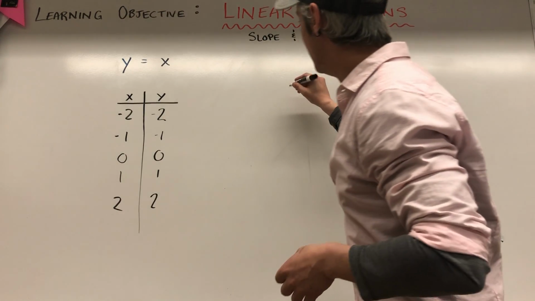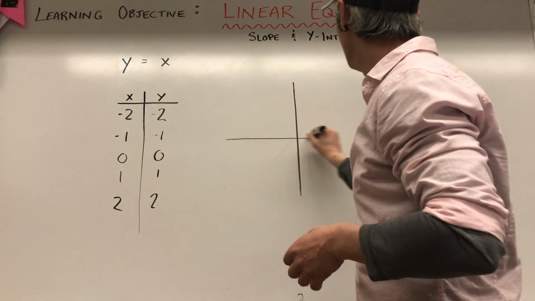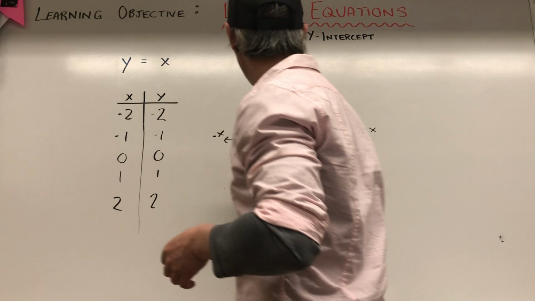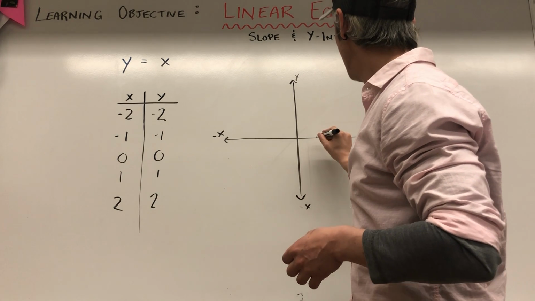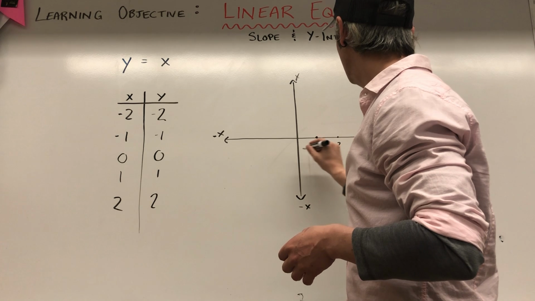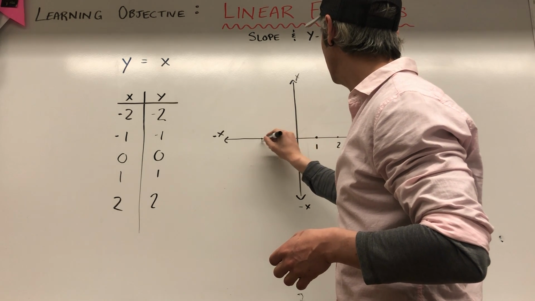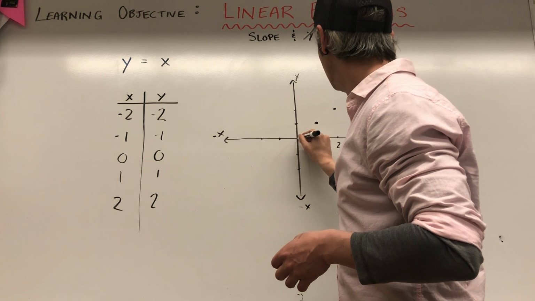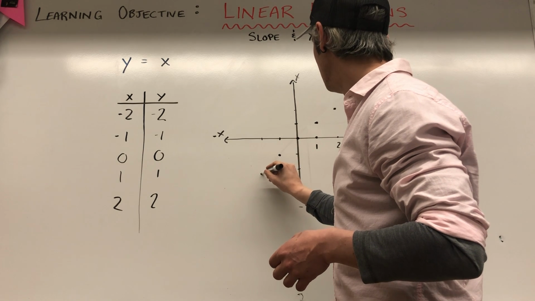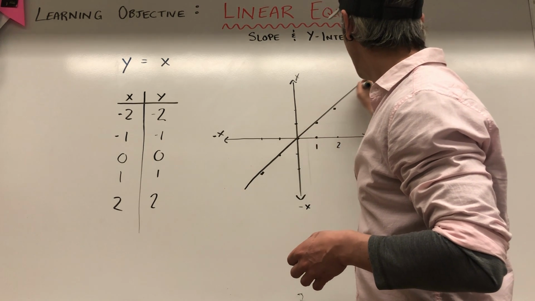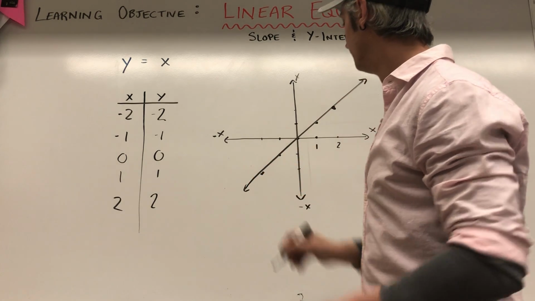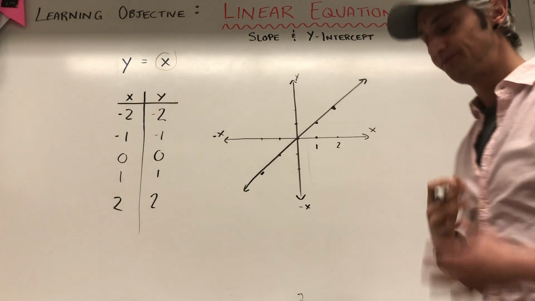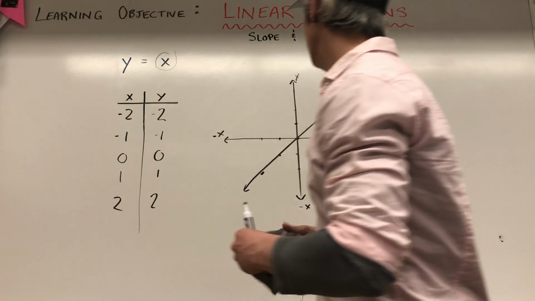And if I were to graph this on my Cartesian coordinates, where I have positive x, positive y, negative x, negative y, if I were to graph this at 1, 2, -1, -2, well basically y is going to equal x, at 0 it's 0, and this will be a line that goes on forever in each direction, and I can calculate any y by inputting whatever x I have. That is our most baseline linear equation.